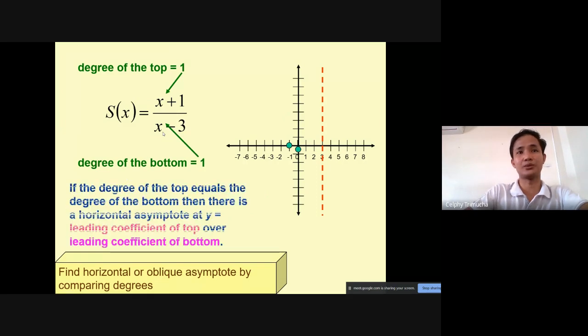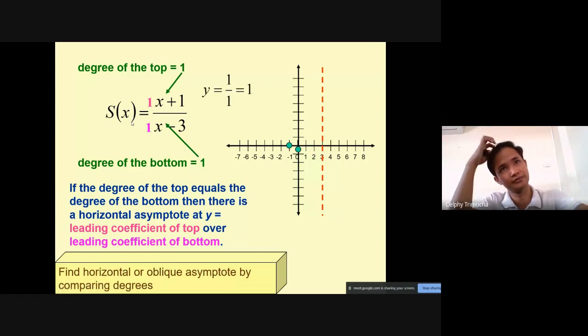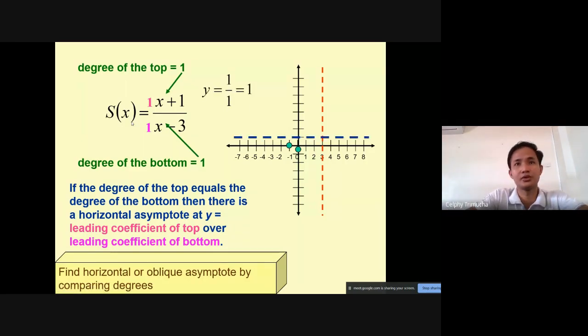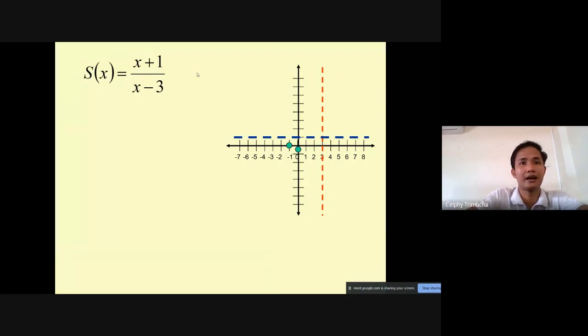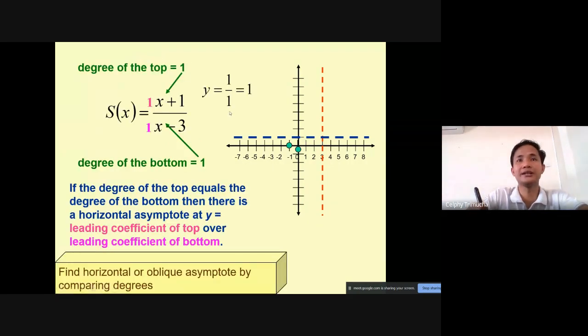Since they are the same, if the degree of the top equals the degree of the denominator, then there is a horizontal asymptote at y equals the leading coefficient of the numerator divided by the leading coefficient of the denominator. The coefficient is 1 for the numerator and 1 for the denominator, so 1 divided by 1, y is equal to 1.